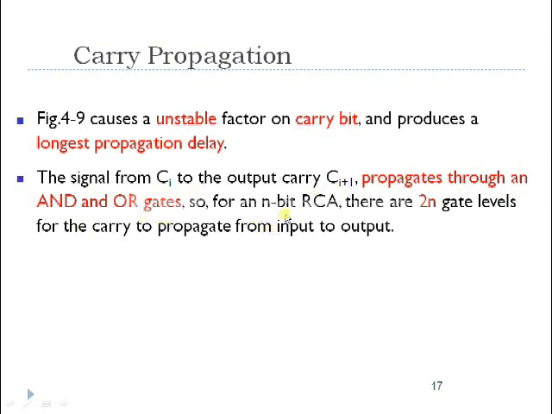So for an n-bit RCA, there are 2n gate levels for the carry to propagate from input to output. So a long propagation delay is generated with the help of this ripple carry adder, and this is the drawback associated with RCA.